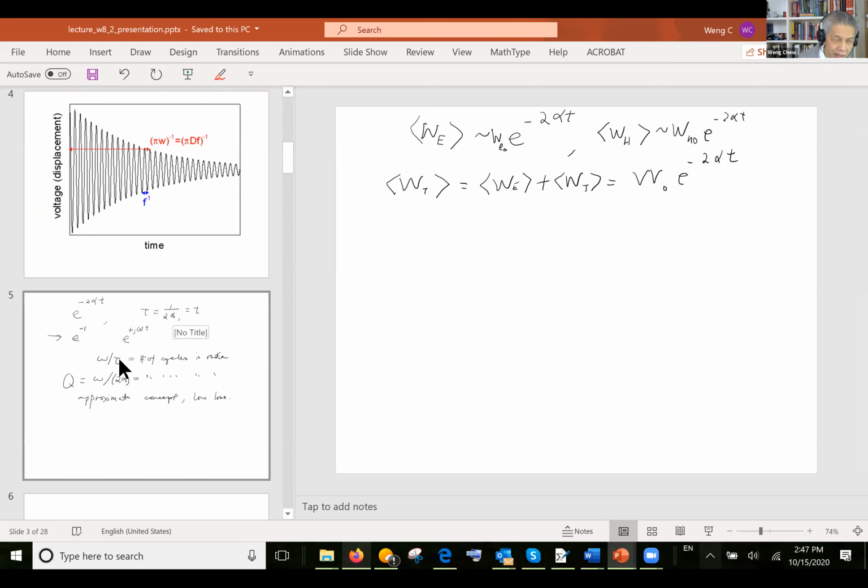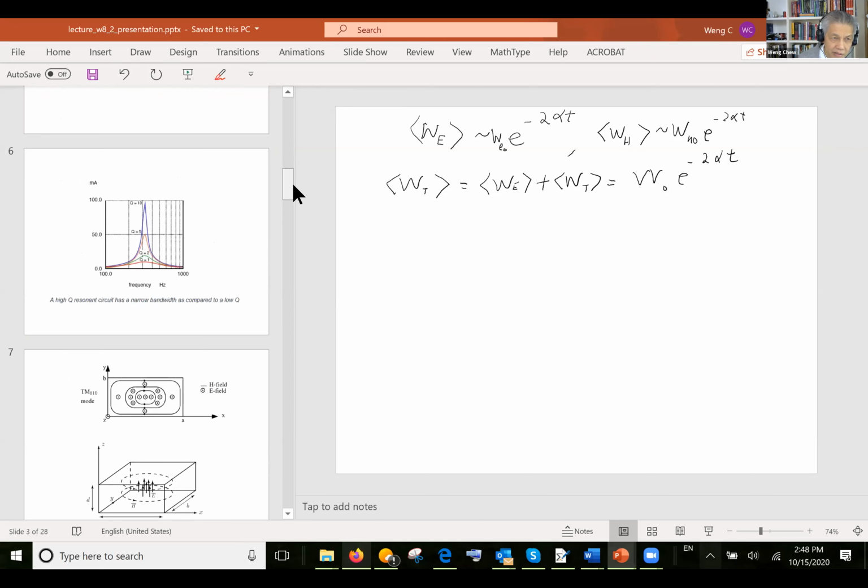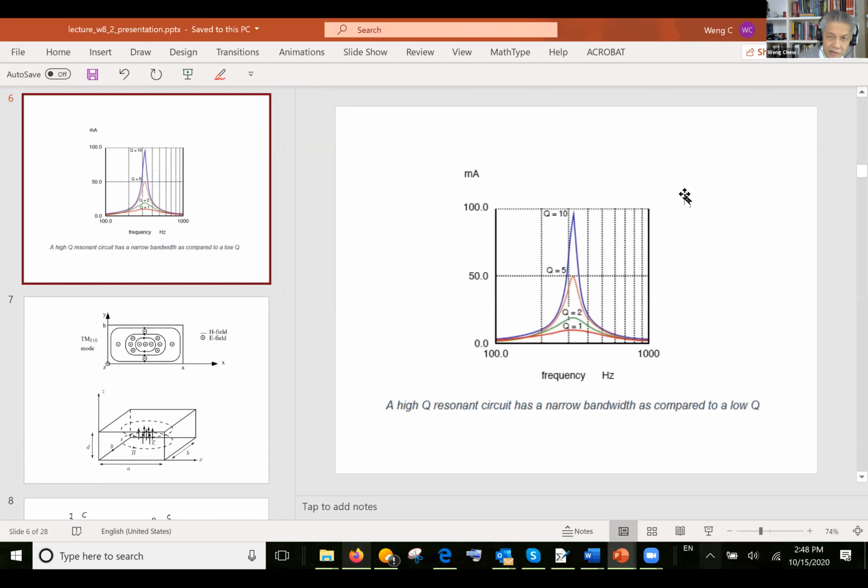You just multiply omega by tau. So Q is a measure of the number of cycles in the cavity or in any circuit before the energy in the system decays to 1 over e of its original value. So you can look at the Q of a circuit. The transfer function becomes highly peaked when the Q is high and so on.